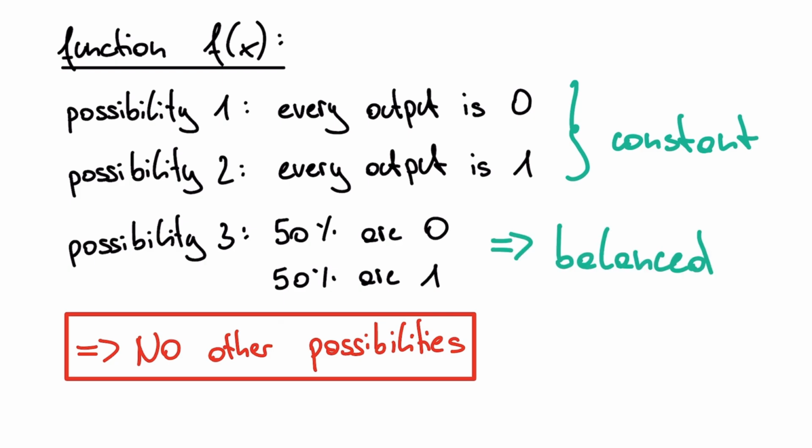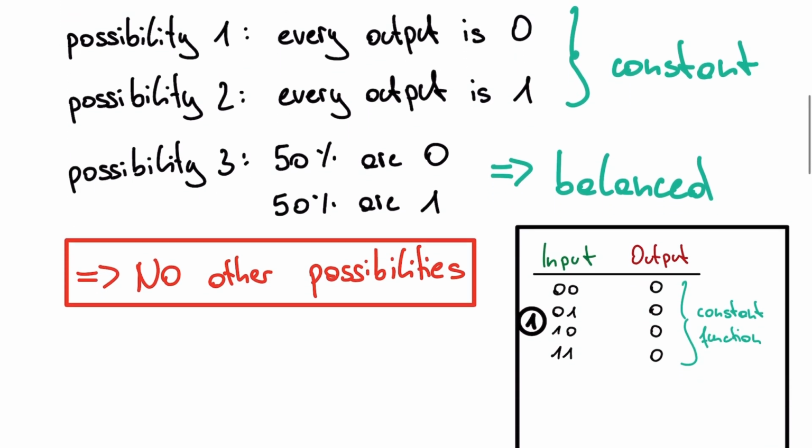So even though we technically have 3 possible functions, one that's always 0, one that's always 1, and one that's balanced, we group the first 2 together and call them both constant. So in the end, we're distinguishing between just 2 categories. The function is either constant or it is balanced.